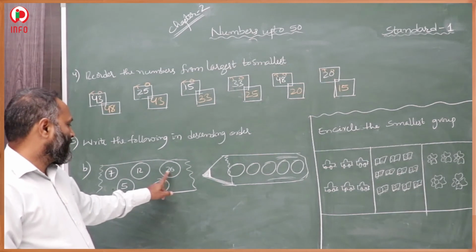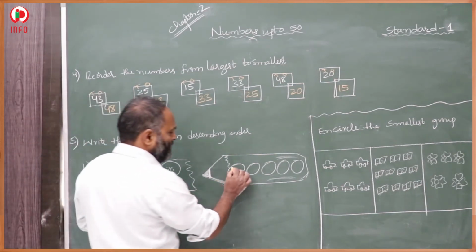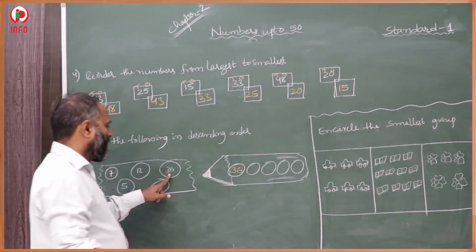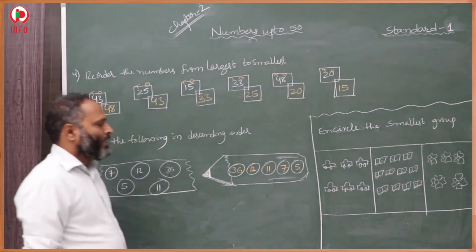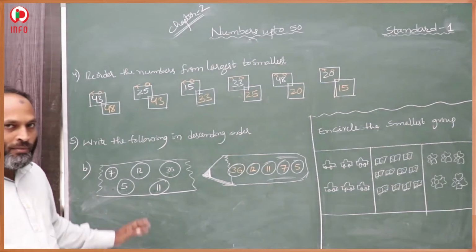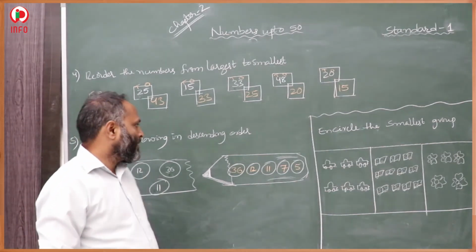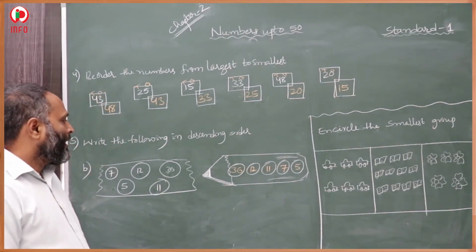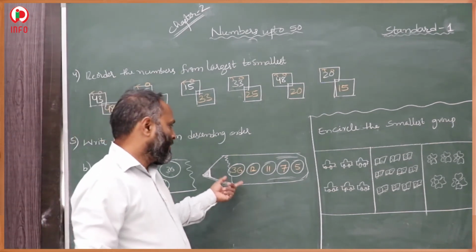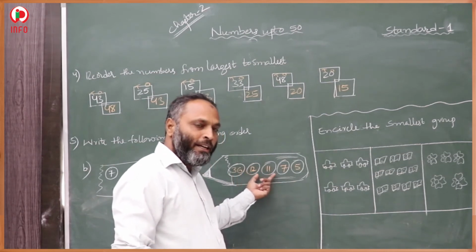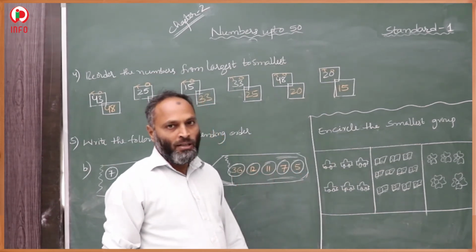So 36 is the largest, then a little bit smaller, and after that 5. In this order we have to arrange from largest to smallest: descending order, decreasing order. First the largest, then a little bit smaller, and the smallest last.